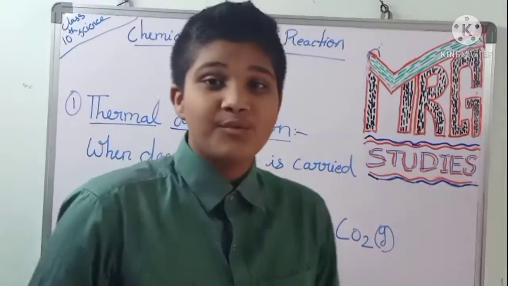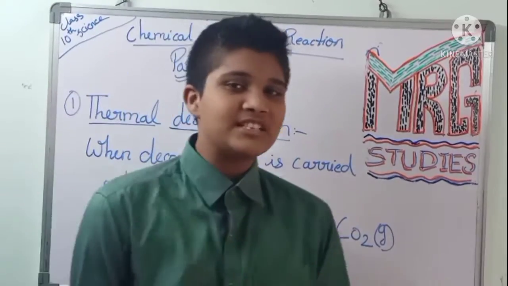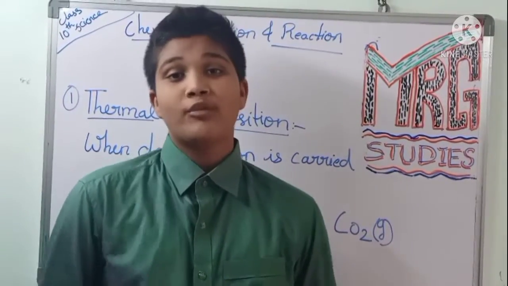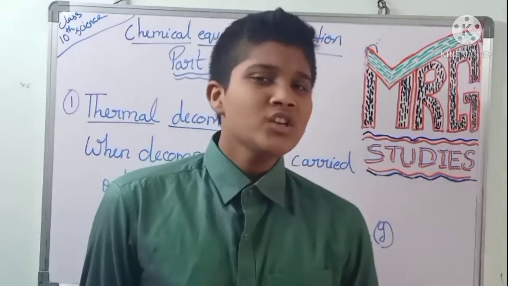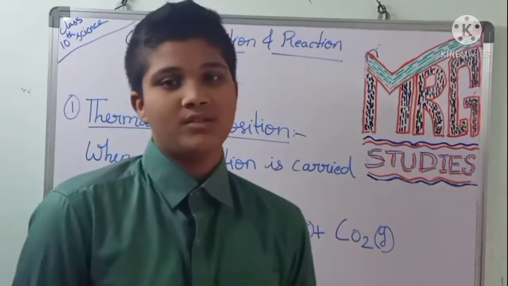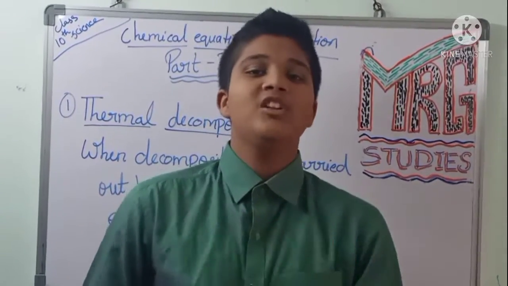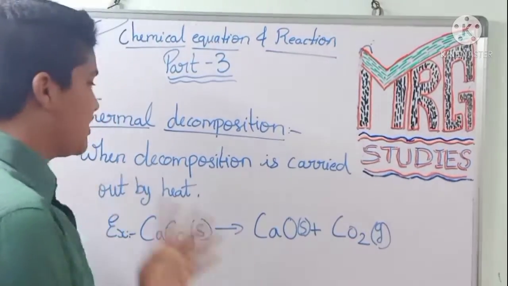Chemical equation and reaction, part 3. Okay friends, in the previous class I told you the types of chemical reactions, combination reaction and decomposition reaction. In this decomposition reaction, we have 3 parts. The first part is thermal decomposition reaction.